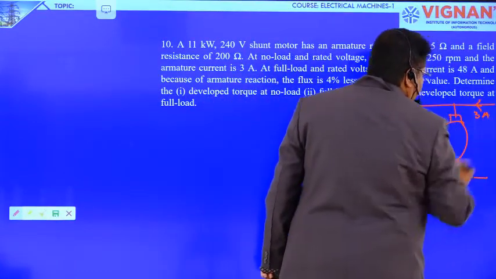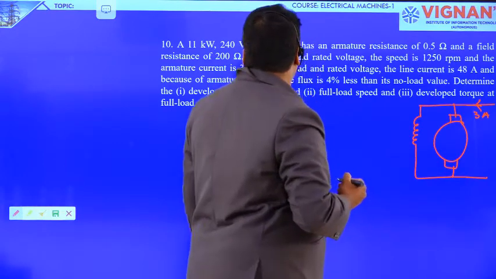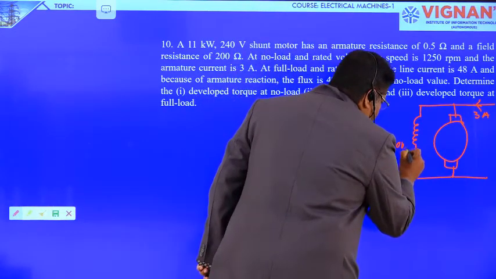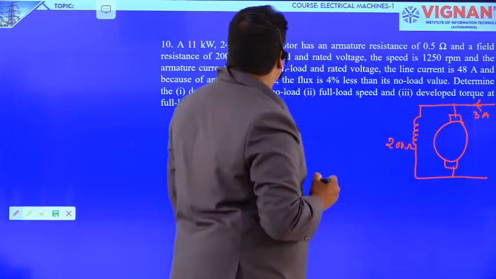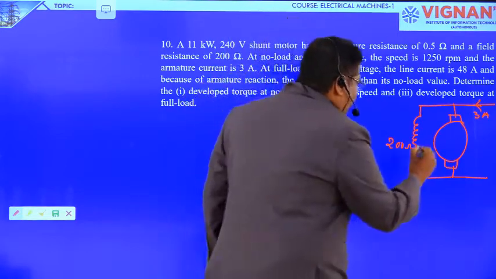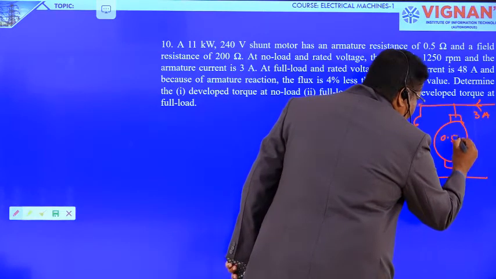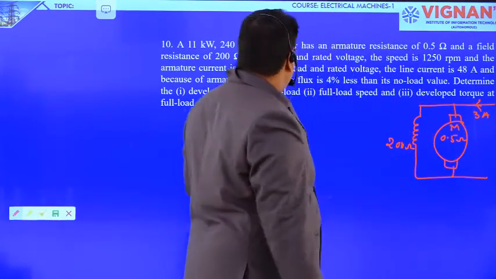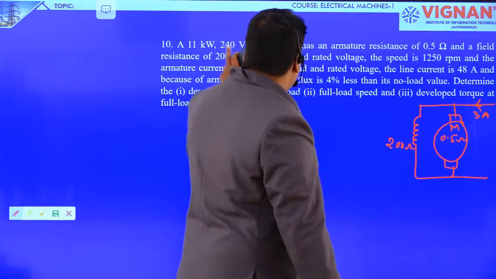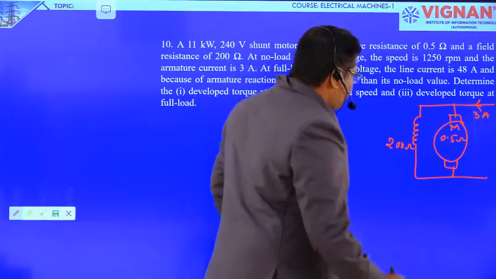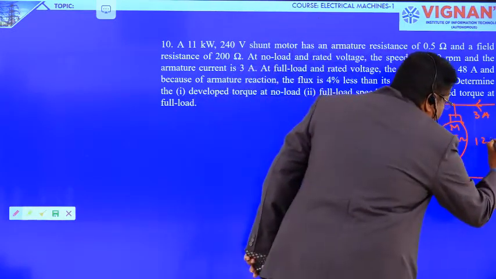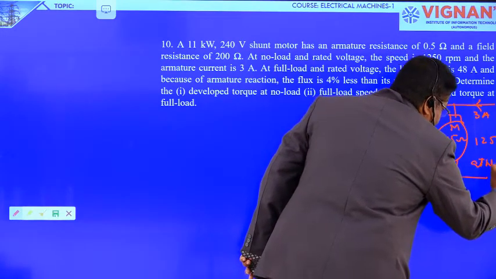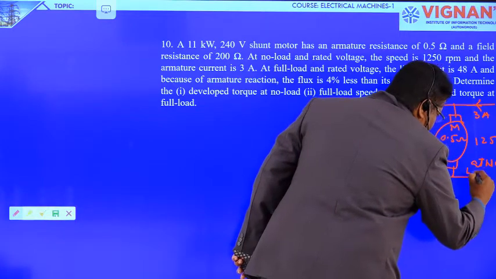The shunt field resistance is 200 ohms and the armature resistance is 0.5 ohms. At what speed is it running? It is running at a speed of 1250 at no load. This is very, very important.